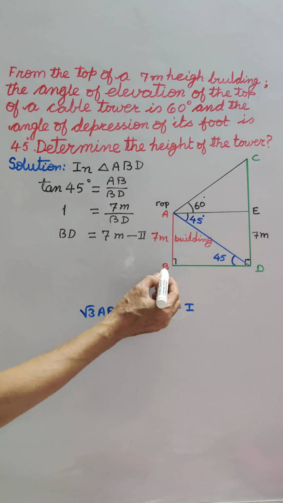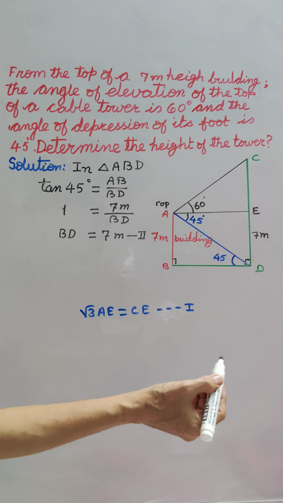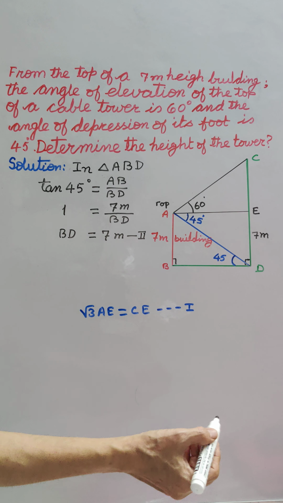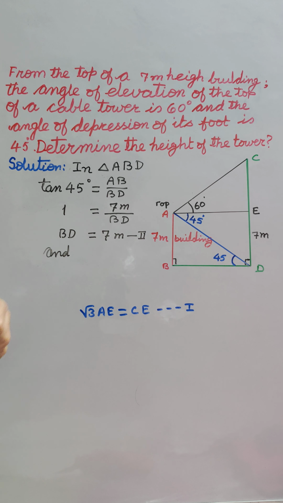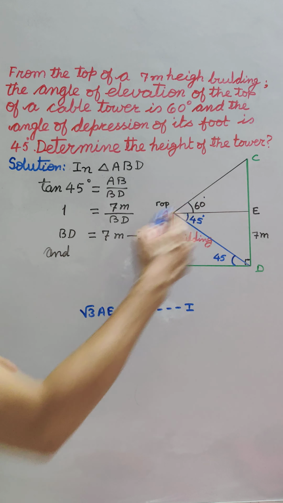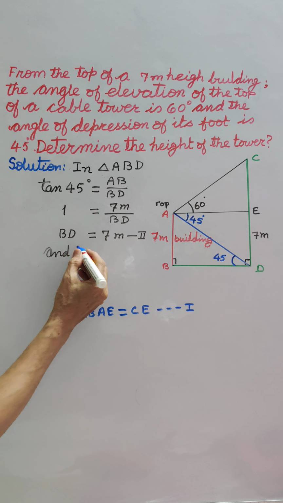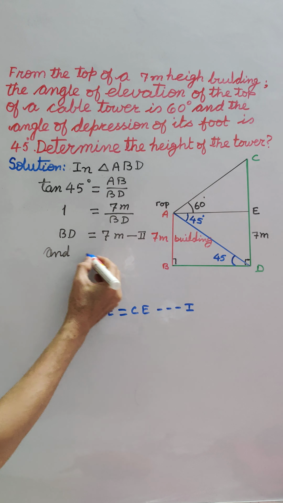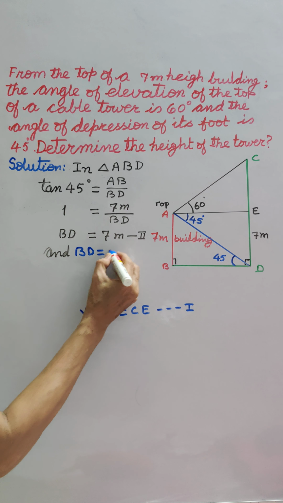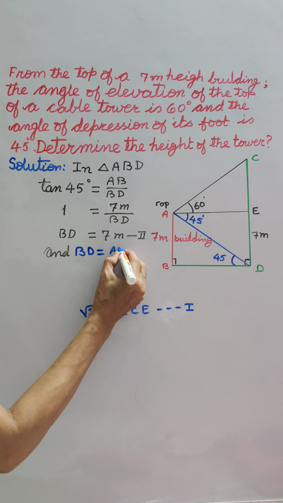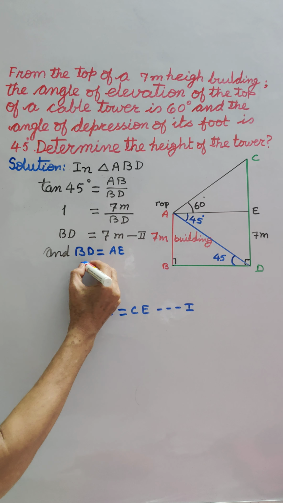BD is equal to 7 meters. And we know that BD is equal to AE, as ABDE is a rectangle and these are opposite sides of the rectangle.